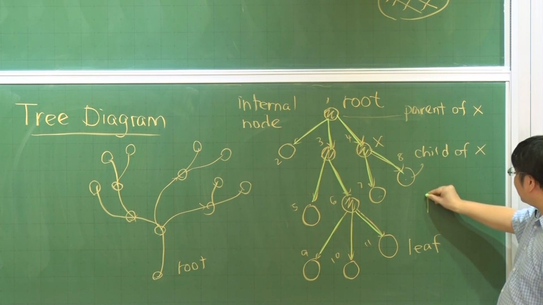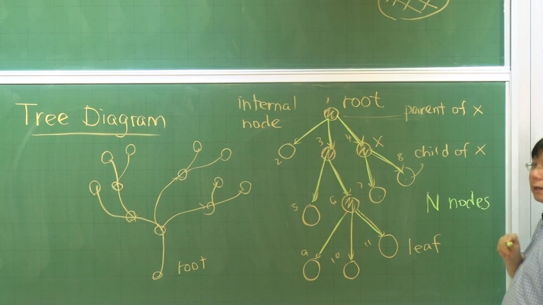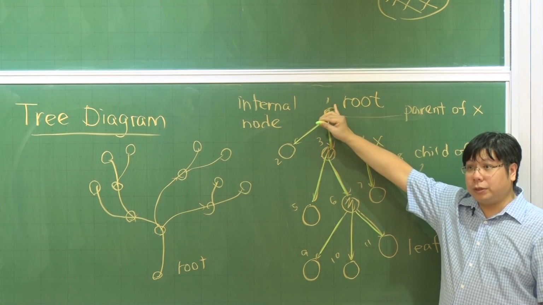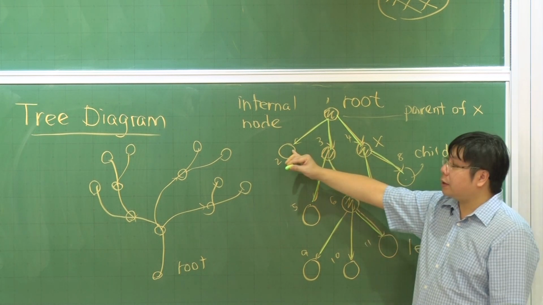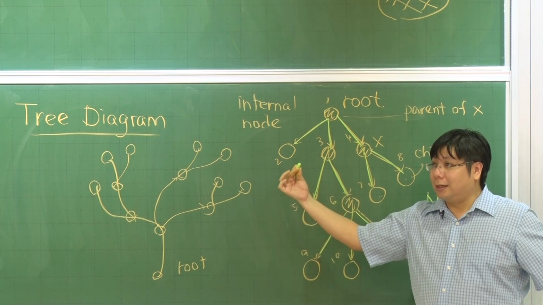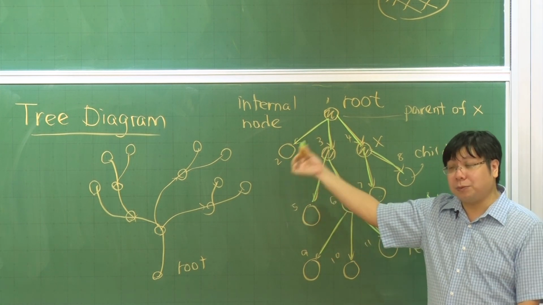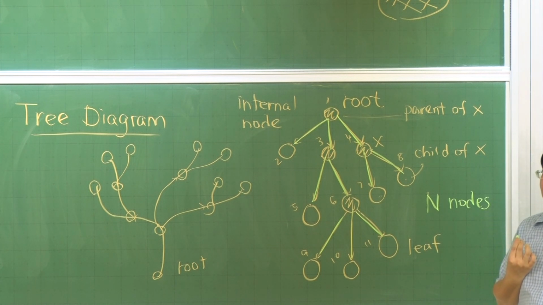Say there are n nodes. Only one of them is the root. All the others are not the root. If a node is not the root, there is one arrow pointing into it. That's it. So the number of edges must be equal to n minus 1. Do you understand my point?